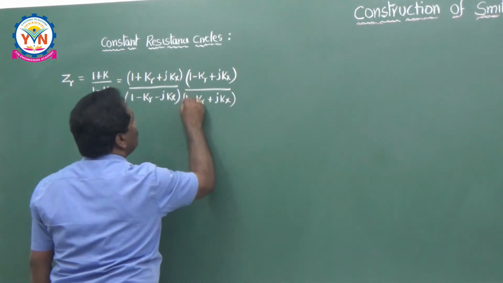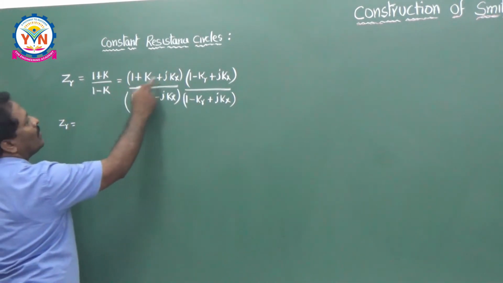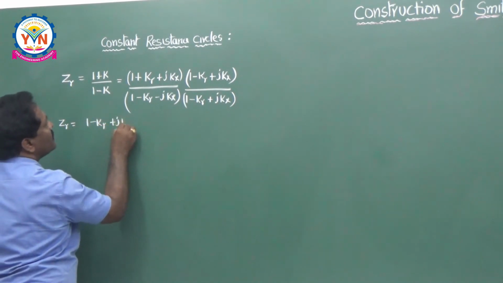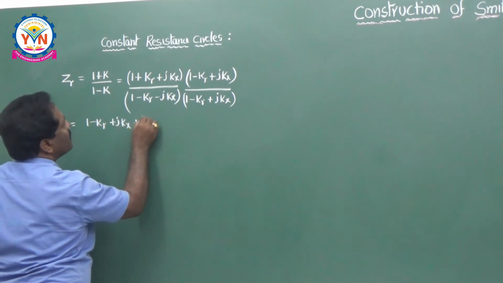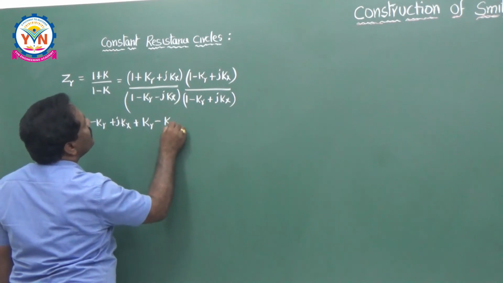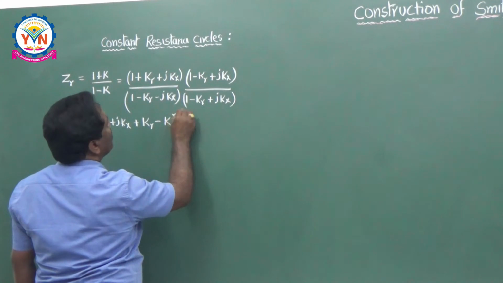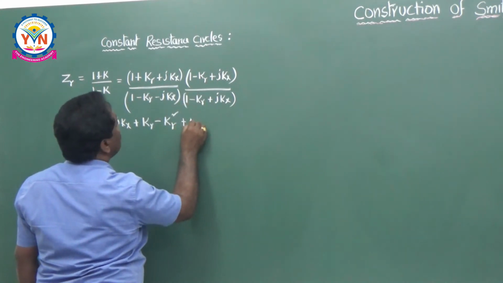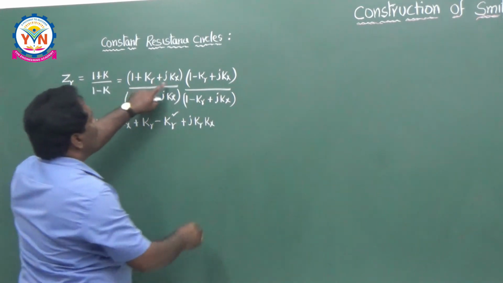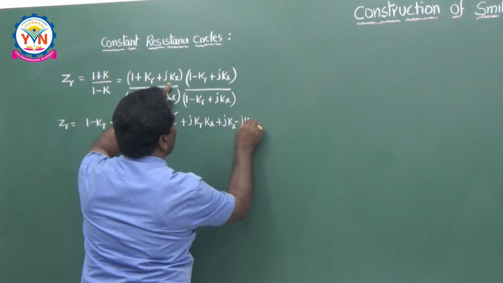Now if you multiply this, you are going to get Zr is equal to 1 minus kr plus jkx plus kr minus kr, and this is plus kr minus kr square. So this is plus j kr kx, and this is plus jkx minus j kr kx.